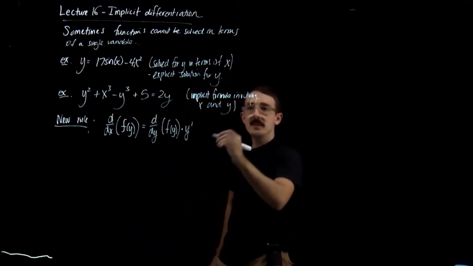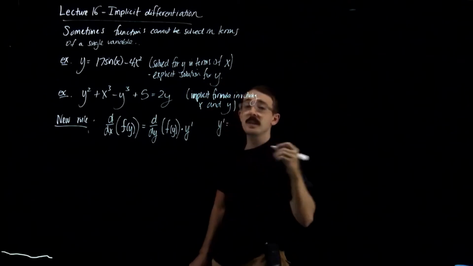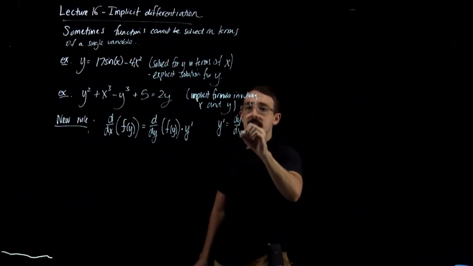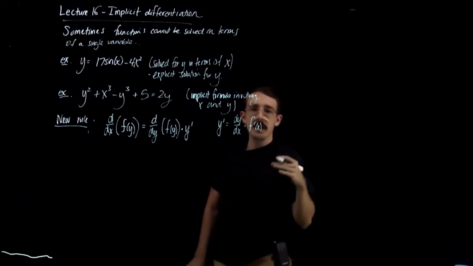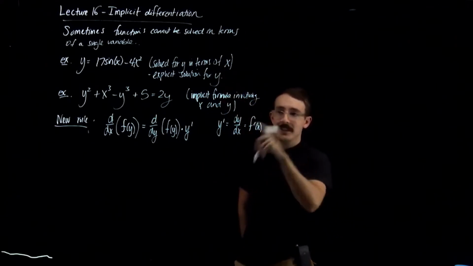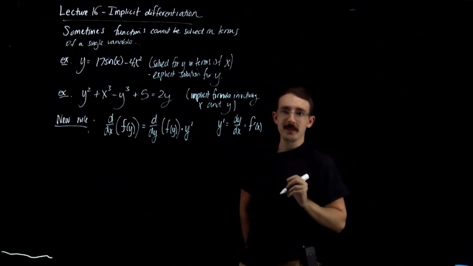Other ways you may see that notated, which I described in earlier videos, is maybe dy dx, or even f prime of x. But to save myself a lot of writing, usually I try to stick to y prime when I'm doing this.